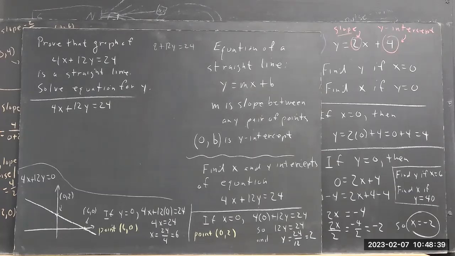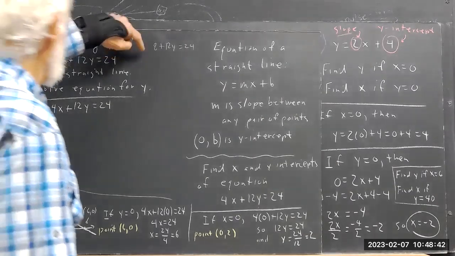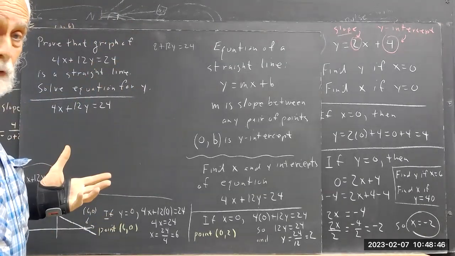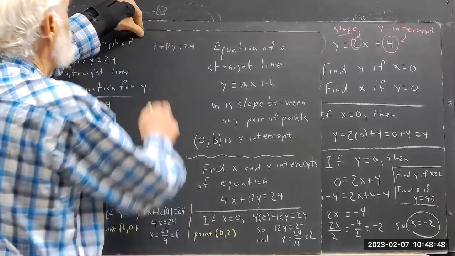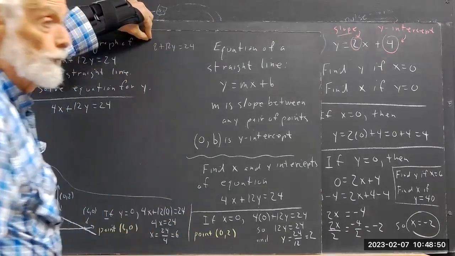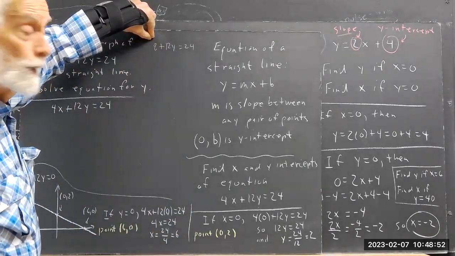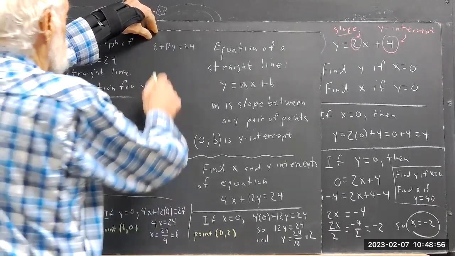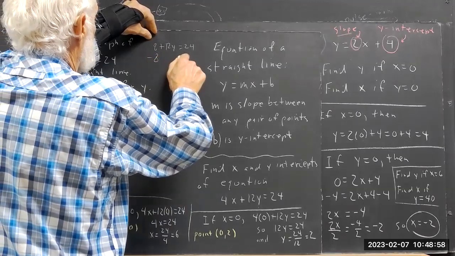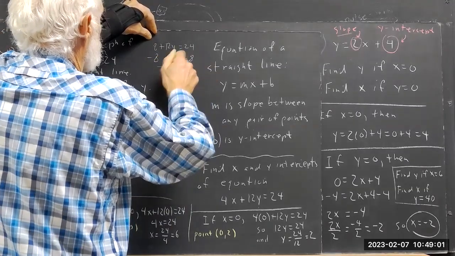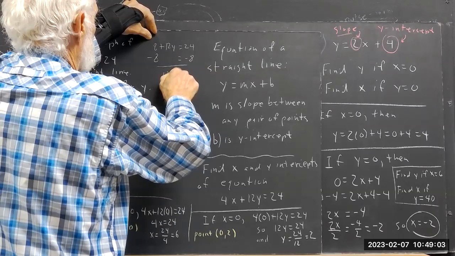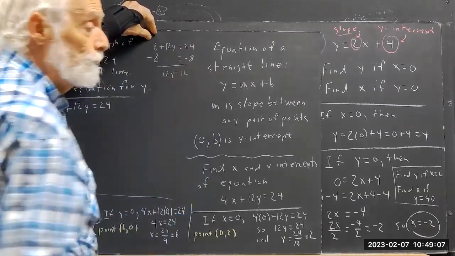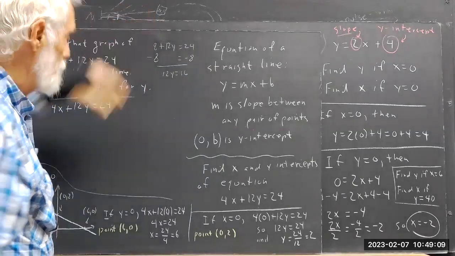If we had this, which we don't, we'd want to get rid of that 8, wouldn't we? And we get rid of that 8 by subtracting it from both sides. So you might want to write it, okay, expand the equation, minus 8 equals minus 8. And you get 12y equals 16, okay? Okay, we could do that.